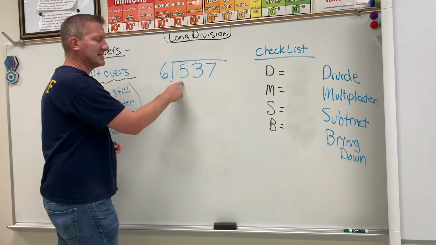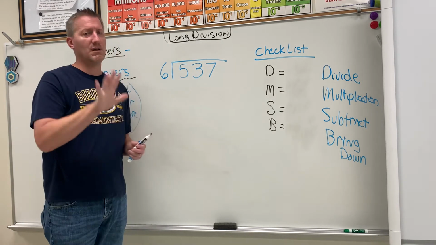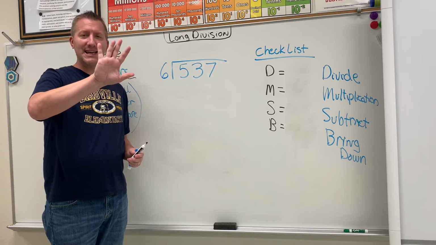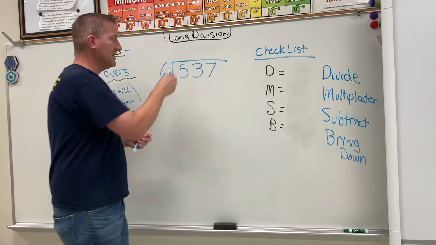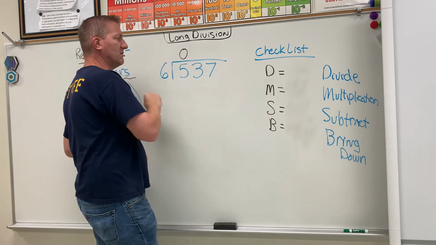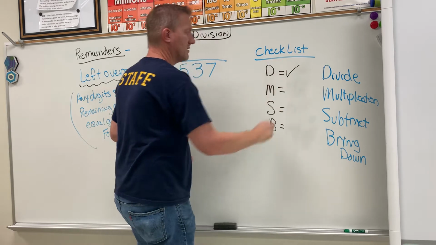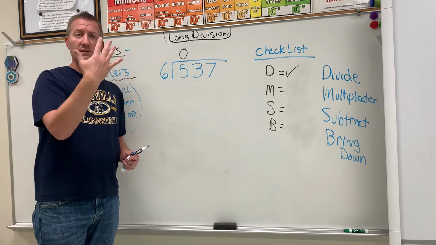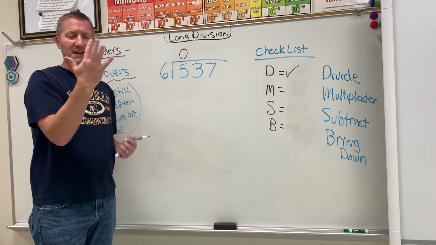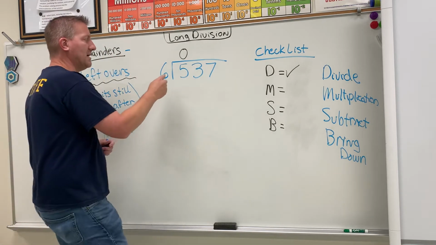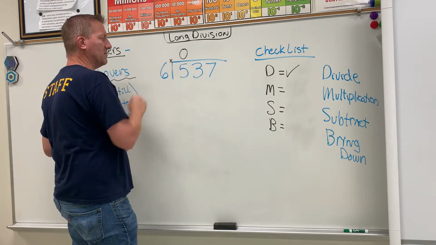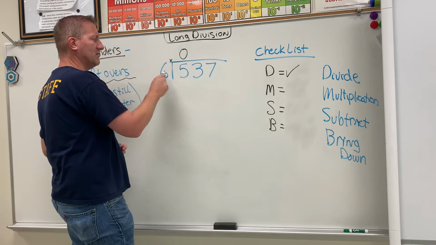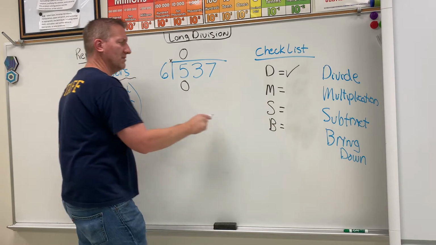How many times does 6 go into 5? Well, if I have 5, I can't take any 6's out of it, can I? So it goes in 0 times. 6 doesn't go into 5. You can't pull any 6's out of 5, so it can't happen. So I'm going to put my little multiplication symbol there. 0 times 6 is 0.